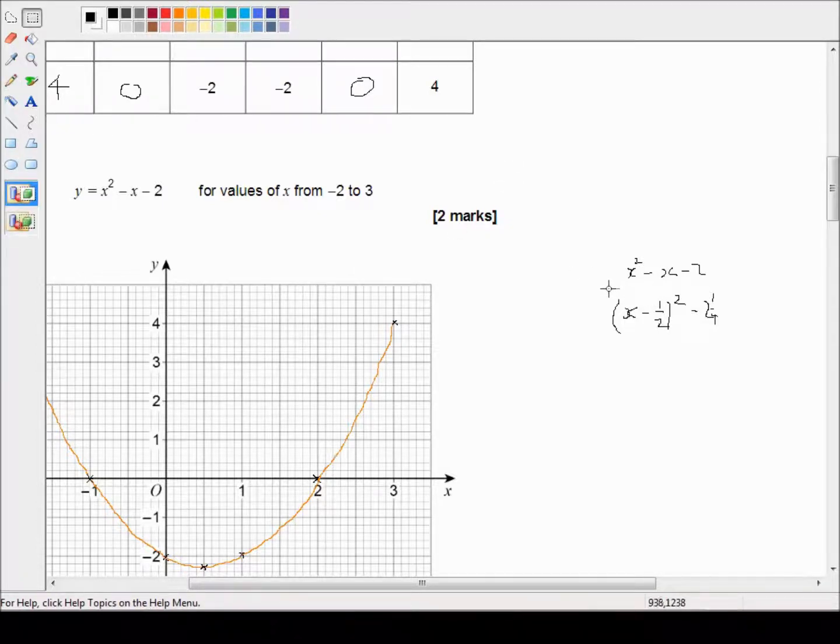In fact, let me put that in. So we've got x squared minus x, and so minus 1 divided by 2 is minus a half. Minus a half squared is plus 1/4.